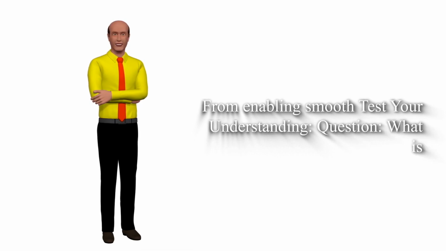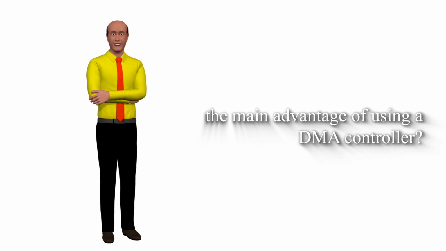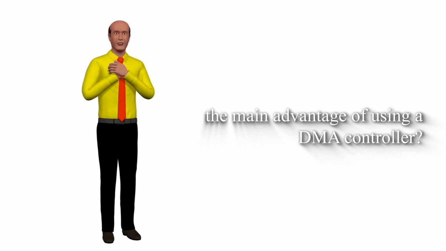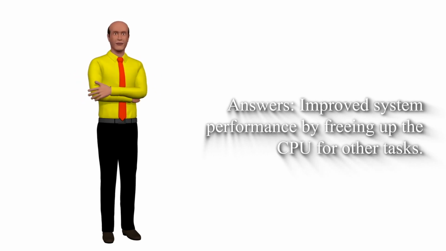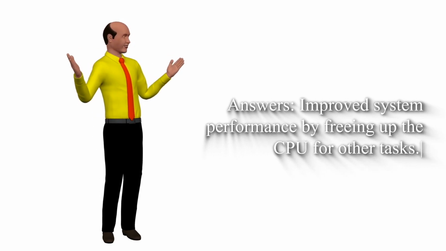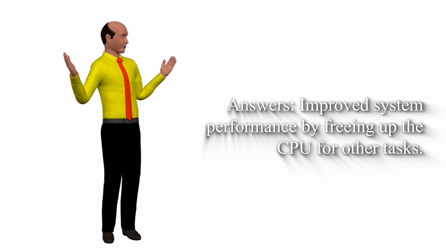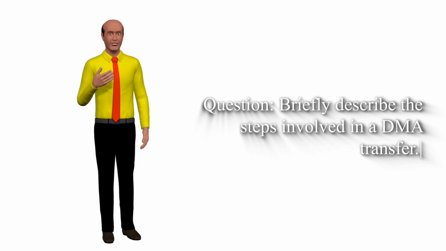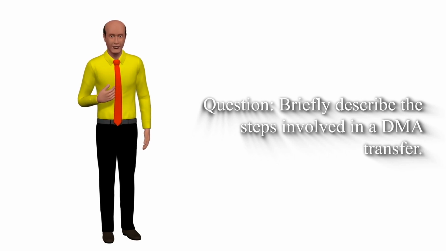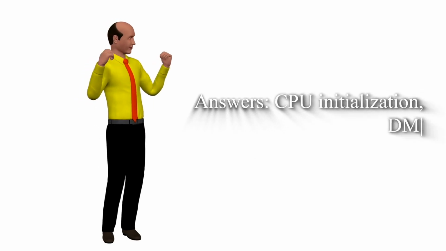Test your understanding. Question. What is the main advantage of using a DMA controller? Answers. Improved system performance by freeing up the CPU for other tasks. Question. Briefly describe the steps involved in a DMA transfer. Answers.